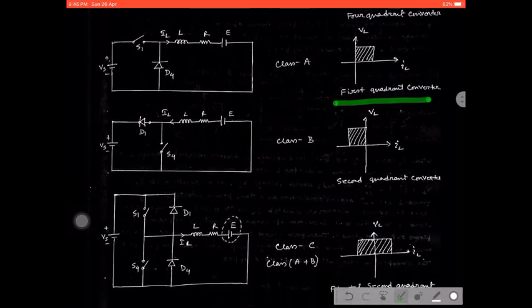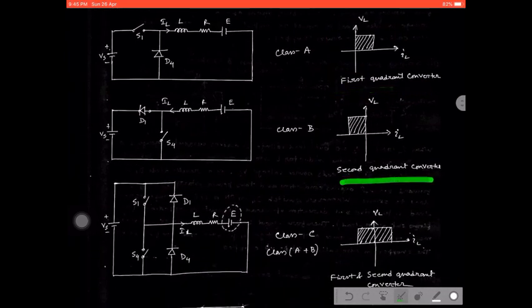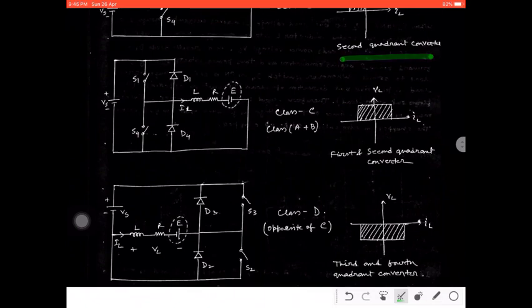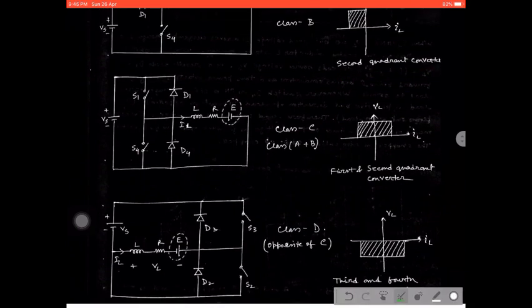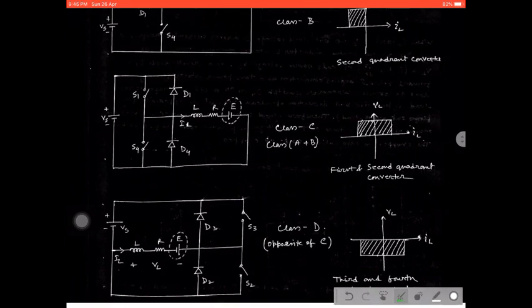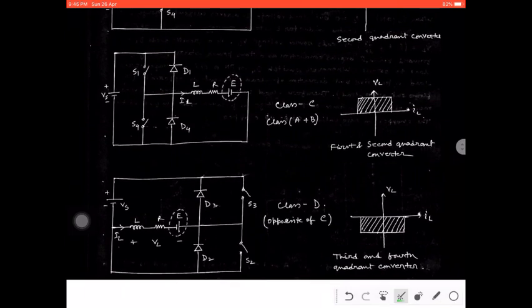Similarly, for B, that is the second quadrant chopper, and for C, that is first and second. As we know, the C chopper is chopper A plus chopper B, that is first and second both, and opposite of C will give you the Class D chopper. That is why it will cover third and fourth quadrant.